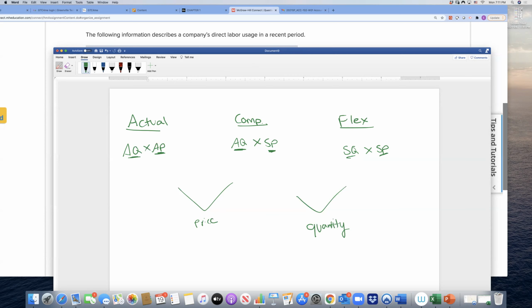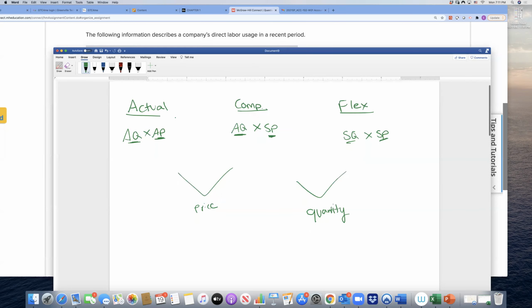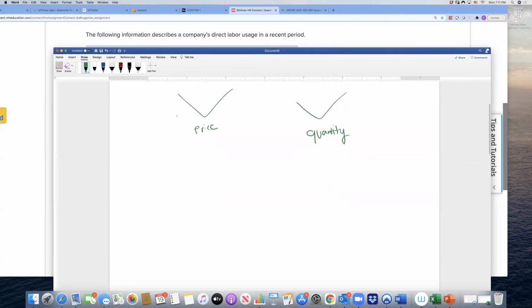But the key here is we're going to have a slight difference in terminology. So let's look carefully. When we talked about materials, I mentioned you had to define the unit of measure. So when we talk about labor, we should still define the unit of measure, but I'll go ahead and tell you it's always the same. When we talk about labor, the unit of measure is the hour.